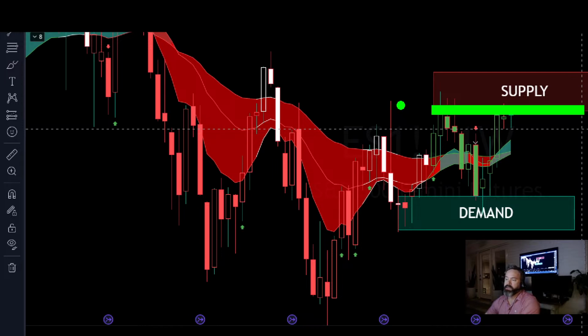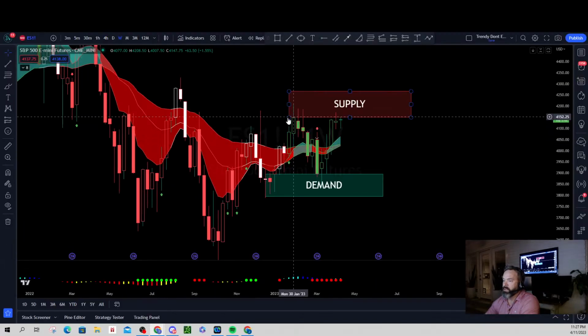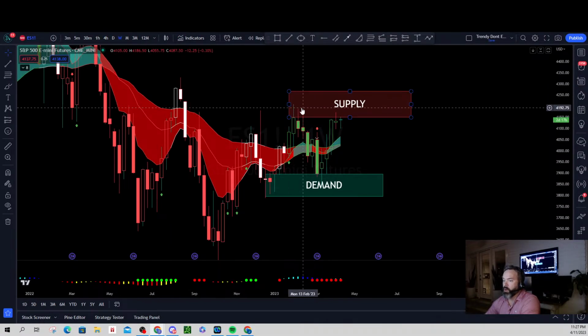So in essence, it's like a trending line, right? And we can see that the top of the box is encompassing this wick over here as well. Okay.